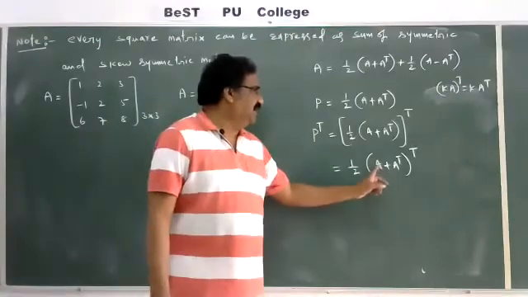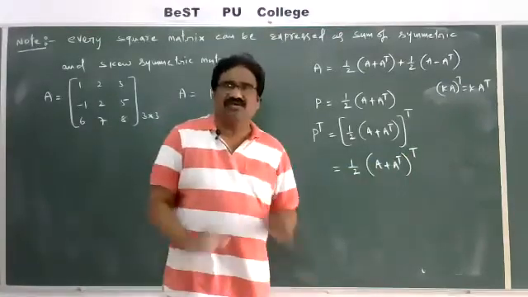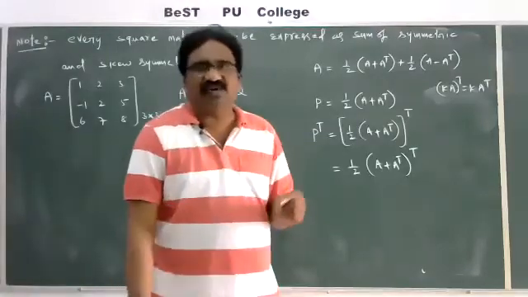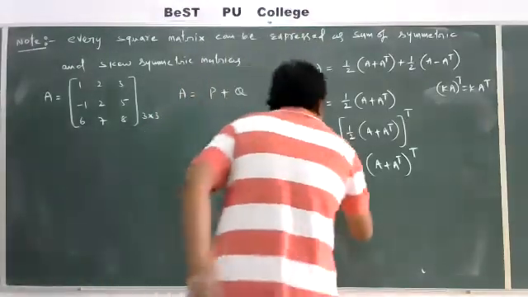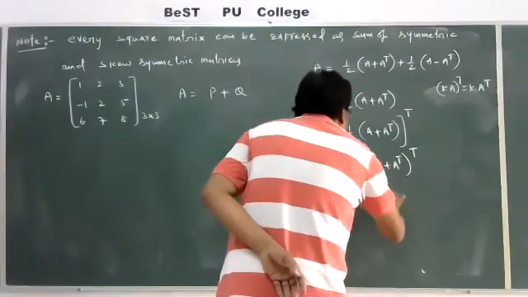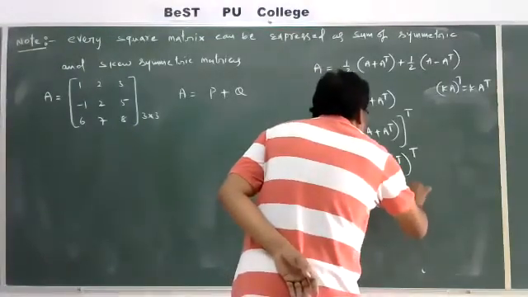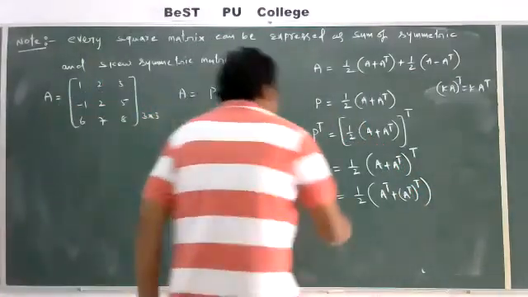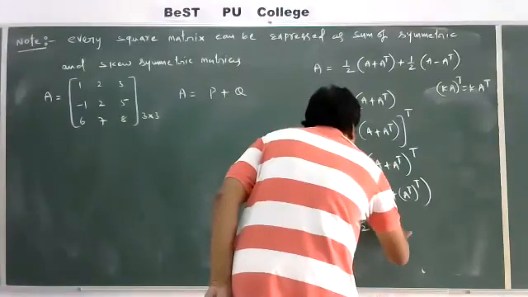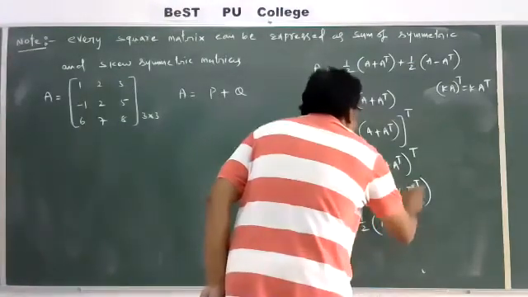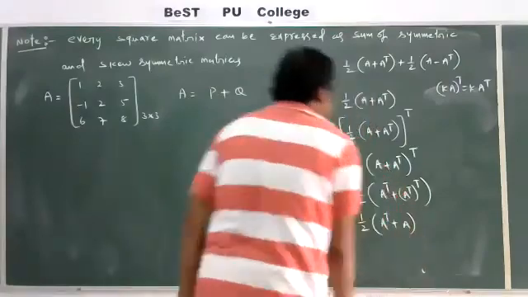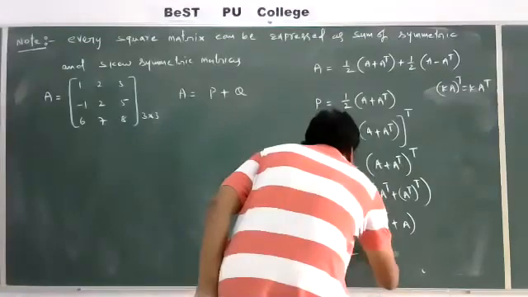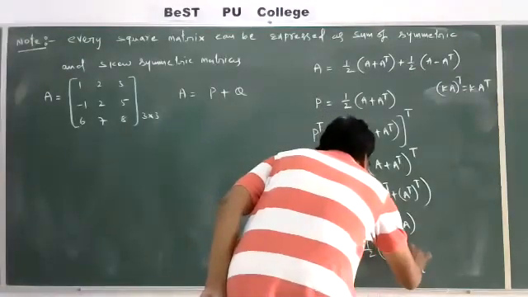By the property (A plus B) whole transpose is equal to A transpose plus B transpose, we get 1 by 2 into (A transpose plus A transpose whole transpose). That is equal to 1 by 2 into (A transpose plus A), since A transpose whole transpose is A. So you get the same 1 by 2 into (A plus A transpose).